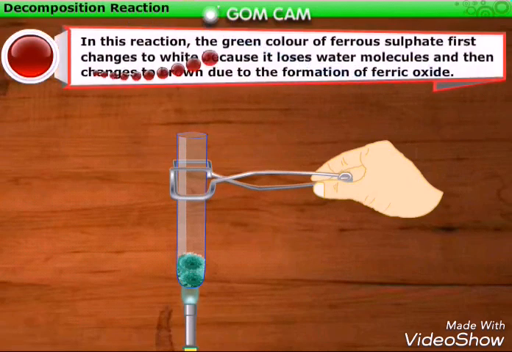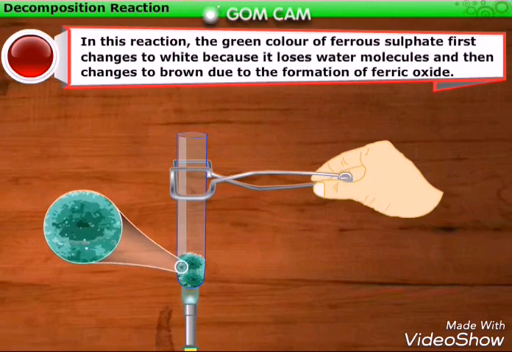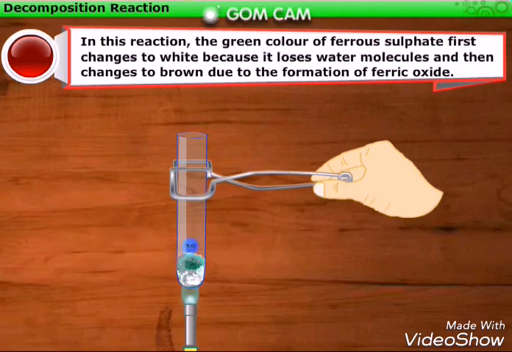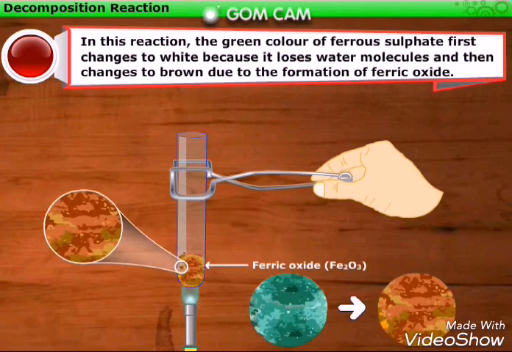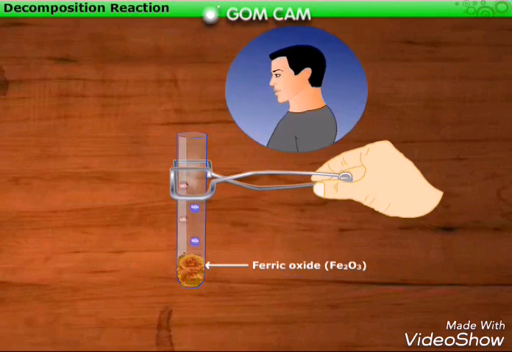In this reaction, the green color of ferrous sulfate first changes to white, because it loses water molecules, and then changes to brown, due to the formation of ferric oxide. A smell of burning sulfur is obtained due to the formation of sulfur dioxide gas.